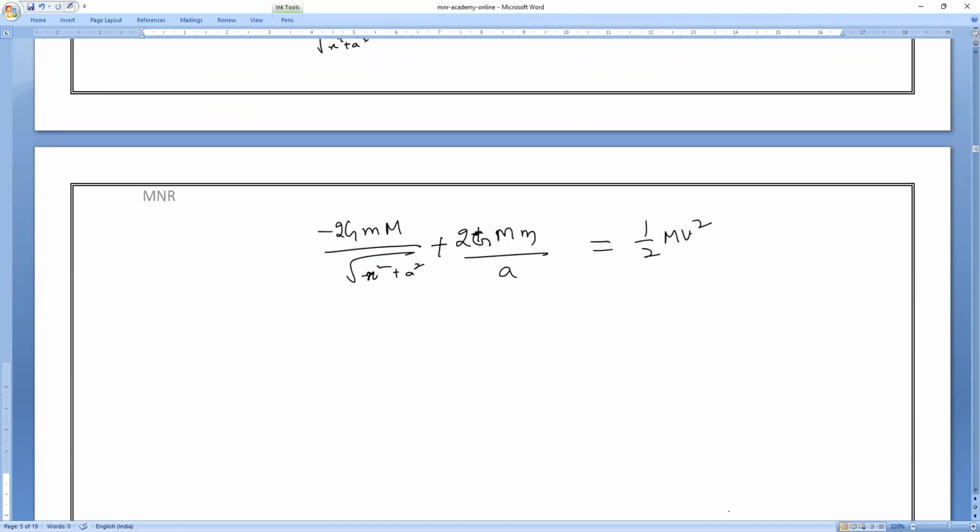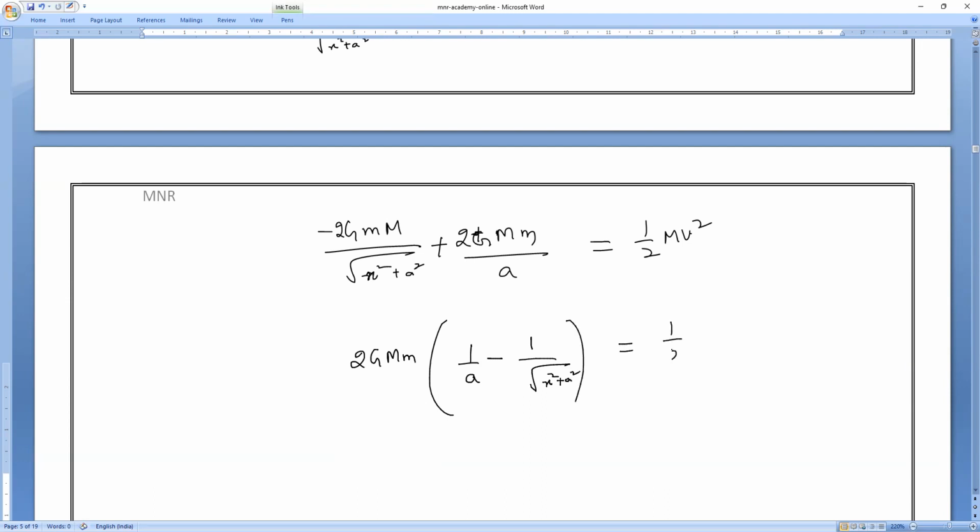We want velocity, that's speed. So now you can see in both the things what is common? 2G capital M into small m is common, and this is positive, so I can write 1 by a, and this is negative, minus 1 by root over x square plus a square. Any problem for anybody?